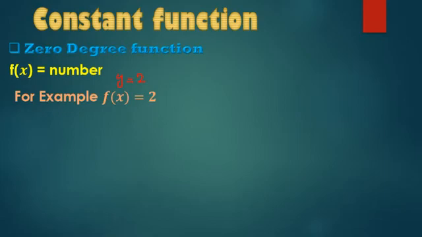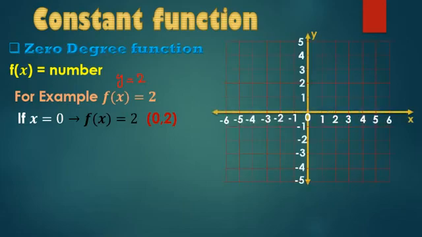For example, if x equals 0, then y or f of x equals 2. To represent 0 and 2, we put them inside an ordered pair, and then we represent this point graphically at the point (0, 2) in this position.